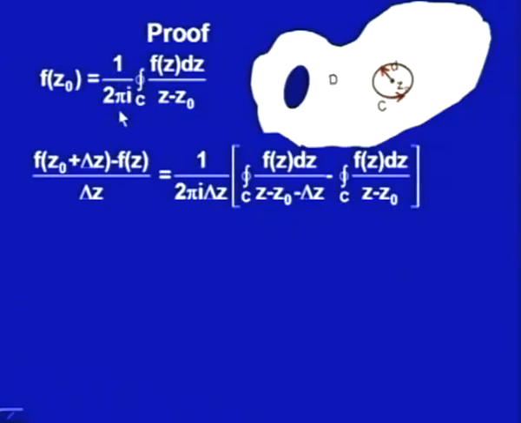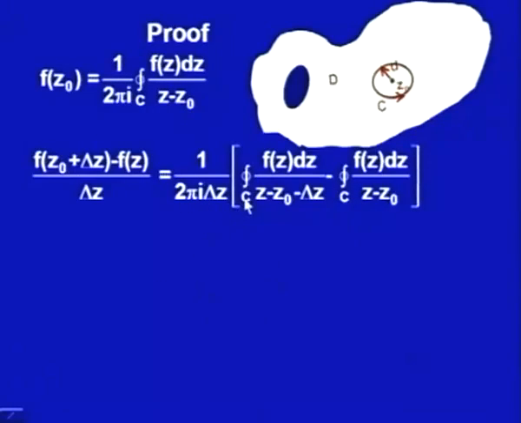Now the difference, f(z naught plus delta z) minus f(z naught), upon delta z, is 1 upon 2 pi i integral of f(z) upon (z minus z naught minus delta z) minus f(z) upon (z minus z naught), where z naught plus delta z is also interior to C.